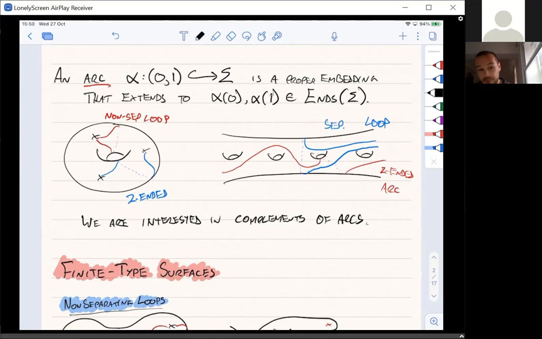Okay, and when I say take the complement, I really mean the complement. Sometimes when you cut along curves or cut along arcs, maybe some of you do this in your spare time, you usually consider something isotopic to that curve as ending up as a boundary component. That isn't what we're doing here.